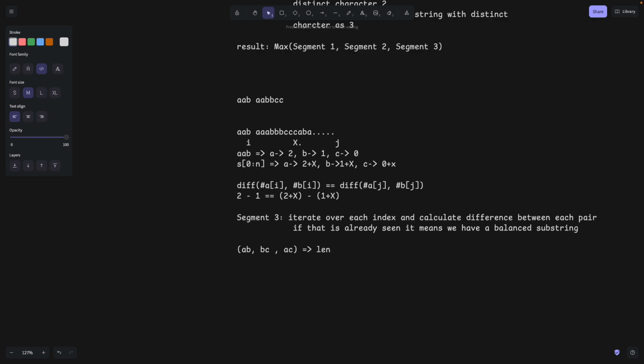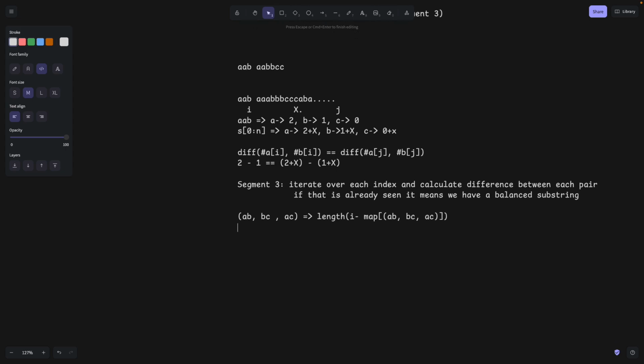If it is the same, then we get the current index minus whatever is stored in the map for the tuple of differences AB, BC, and AC. So this will give us the length of the balanced substring, and we can keep maximizing it.